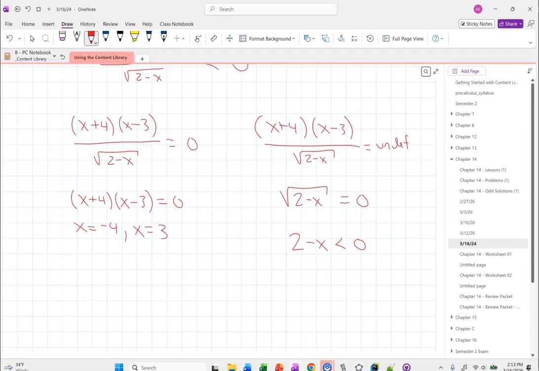So if I take this, what's going to cancel out the square root? Squaring both sides. So I subtract 1 and divide by negative, and I get x equals 2. Subtract the 2 over, divide by negative 1, and boop, 2.